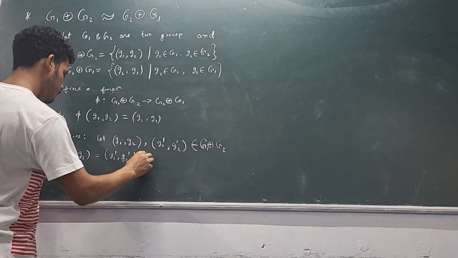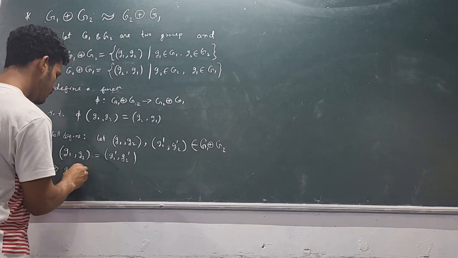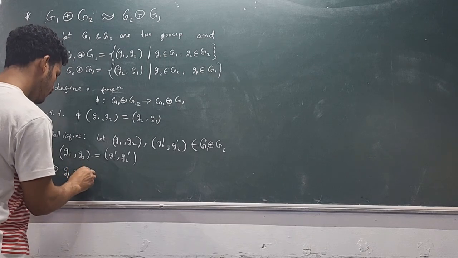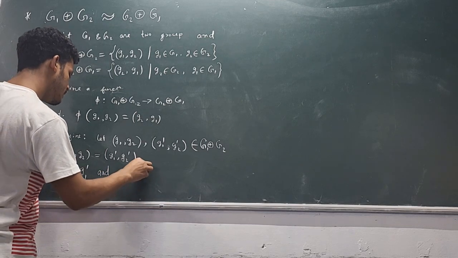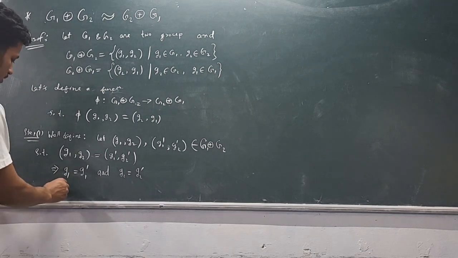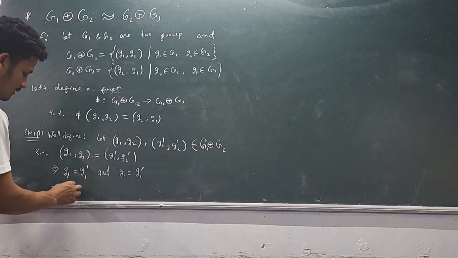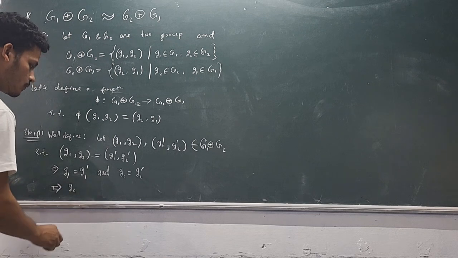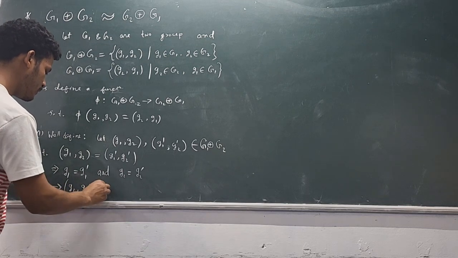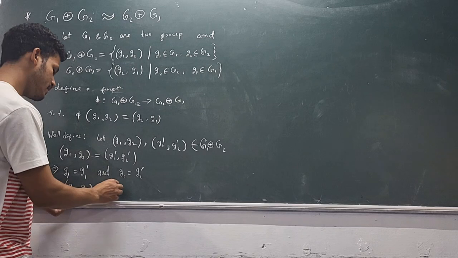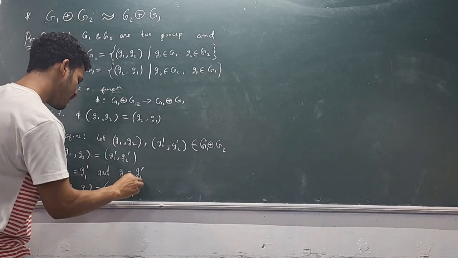It will give g1 is equal to g1' and g2 is equal to g2'. Now, you can write (g2, g1) is equal to, in the place of g2 you can write g2' because they are equal, and in the place of g1 you can write g1' because they are equal.